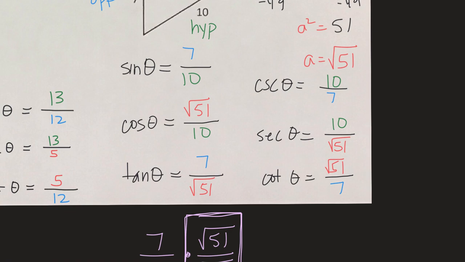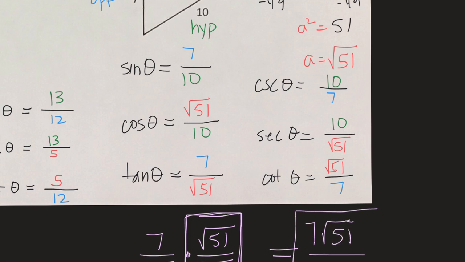We multiply by this fancy 1 because we want to get rid of root 51 in the denominator. So what is root 51 times root 51? Well, that's just normal 51. Anytime you multiply a radical by itself, the square root part goes away. Now the top is 7 root 51 over 51.